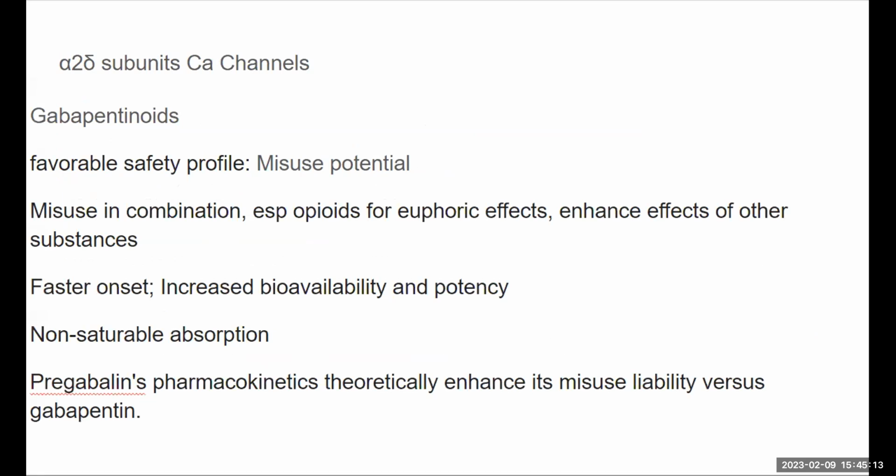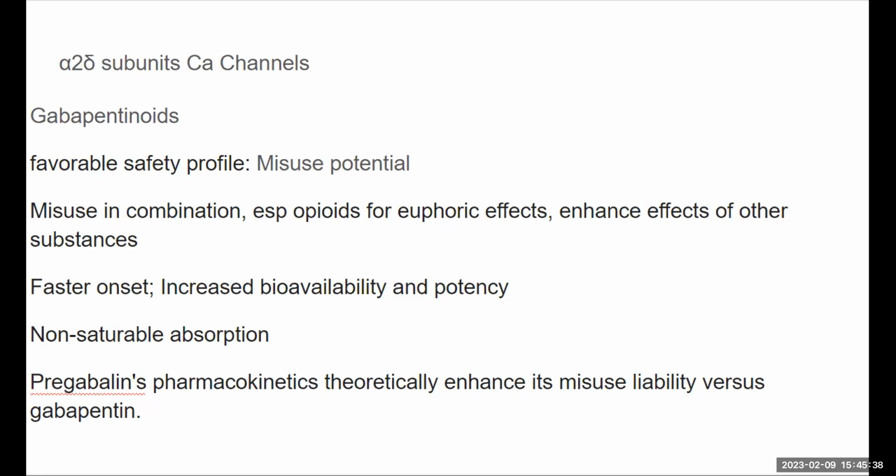Now, coming to the most commonly used gabapentinoids, gabapentin and pregabalin, although they have a favorable safety profile, there are concerns about their misuse potential. Abuse is either alone or in combination with opioids because it enhances their euphoric effects.